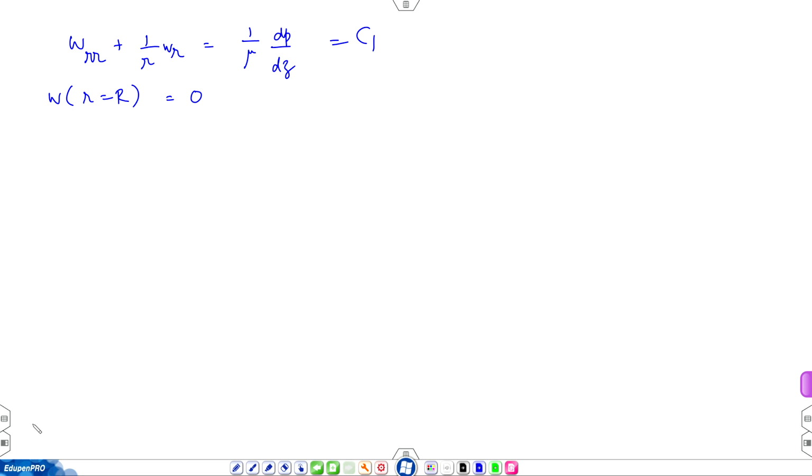So, let us write, this is finite. This finiteness condition helps you eliminate possible singularities at r equal to 0.